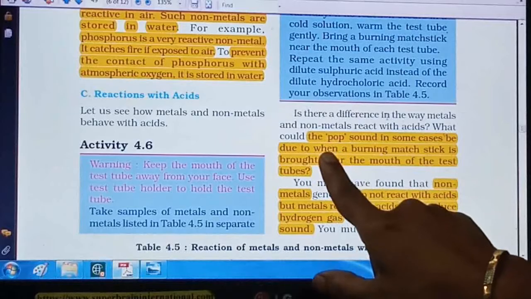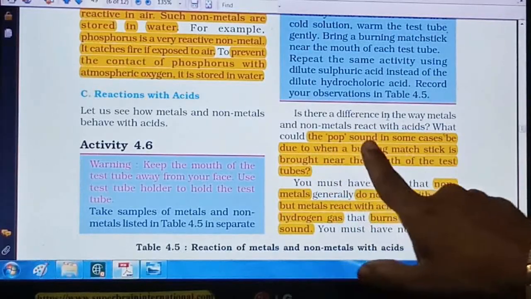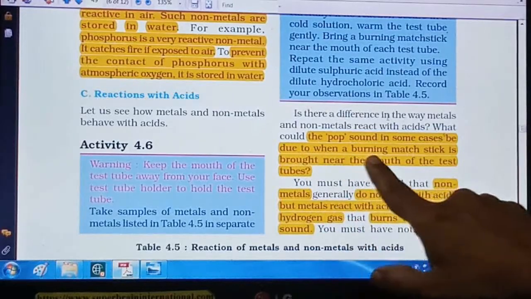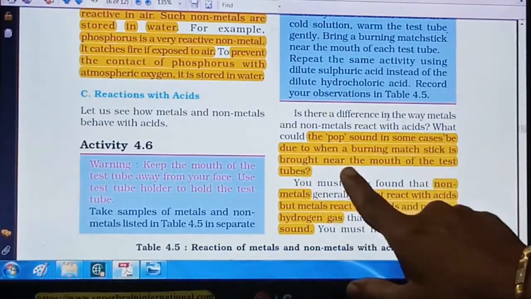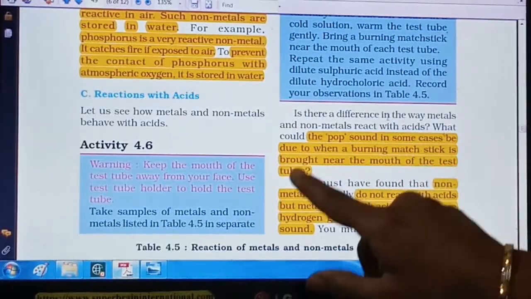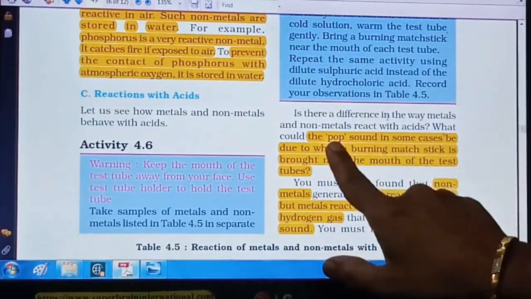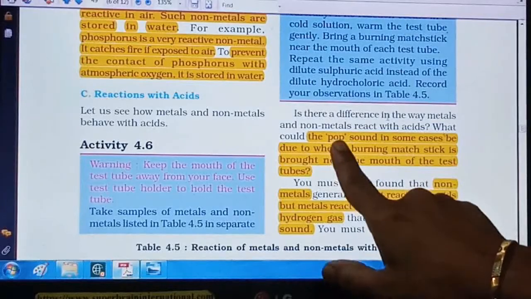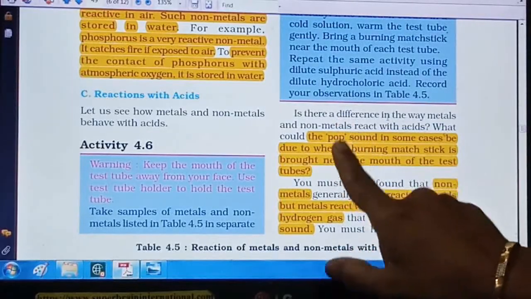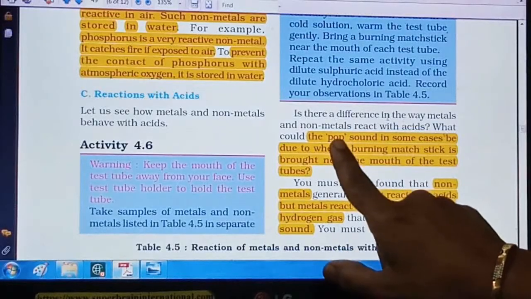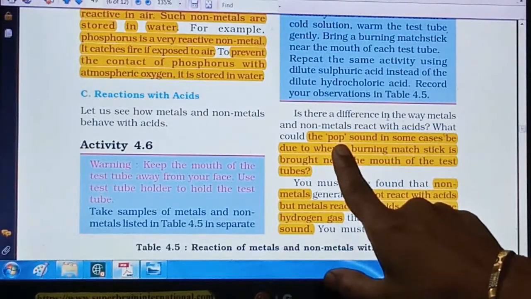So see here what is written. A pop sound is heard in some cases when the burning matchstick is brought near the mouth of the test tube. Do you remember what this pop sound indicates? Actually this pop sound indicates the burning of hydrogen gas, right? So this is actually the test for hydrogen gas.